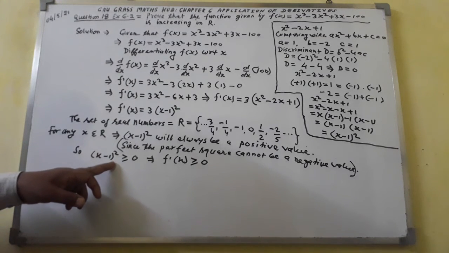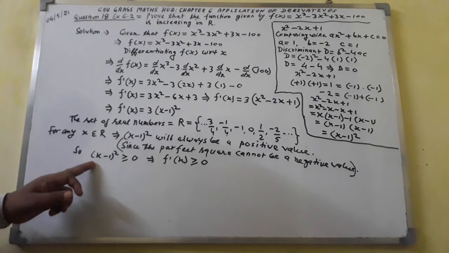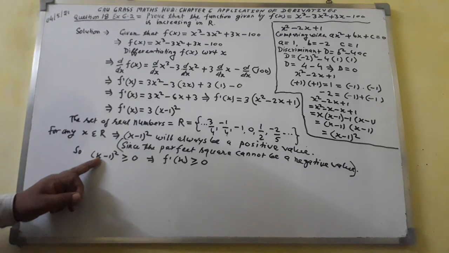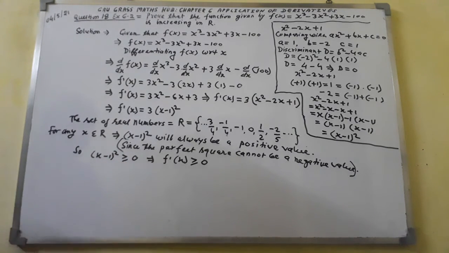So x minus 1 whole square, if I write here in place of x as 0, so minus 1 whole square will be greater than 0.